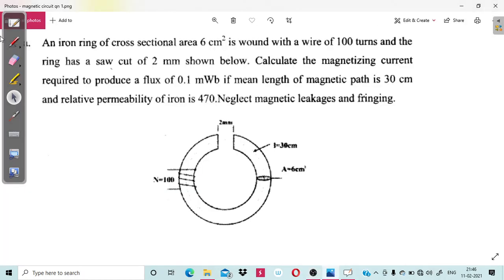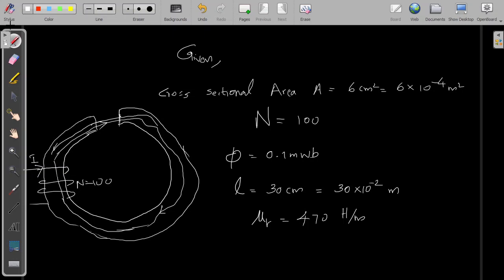Now the magnetic lines of force will be like this.